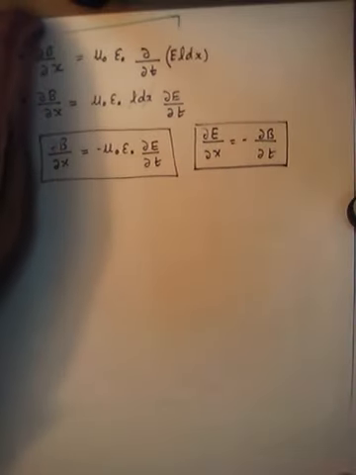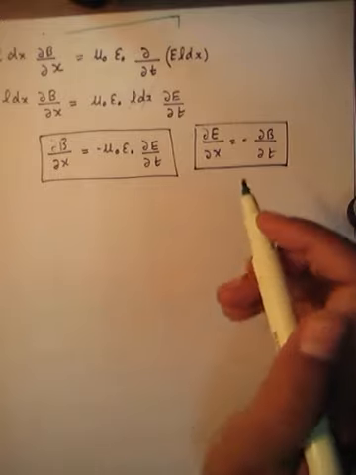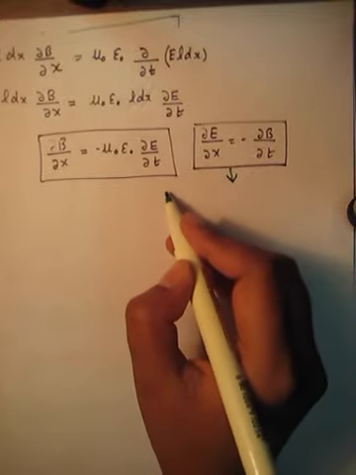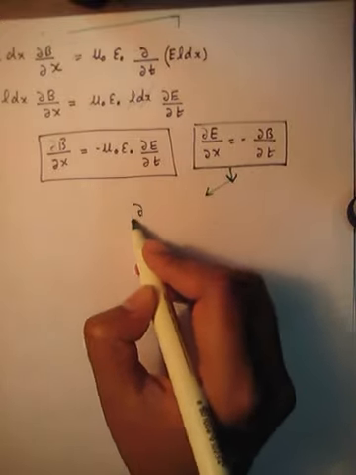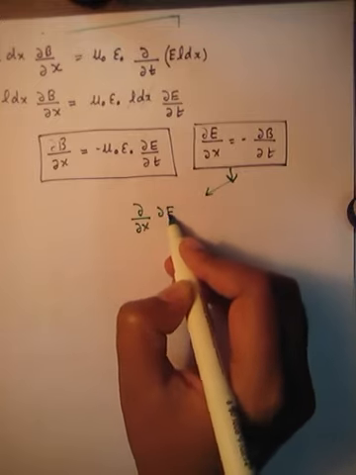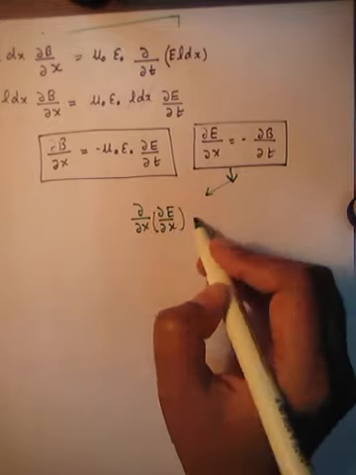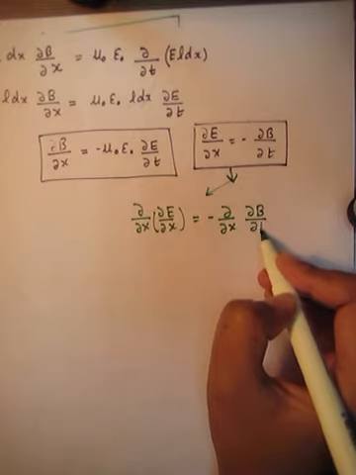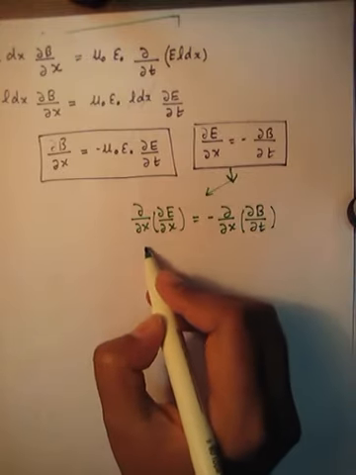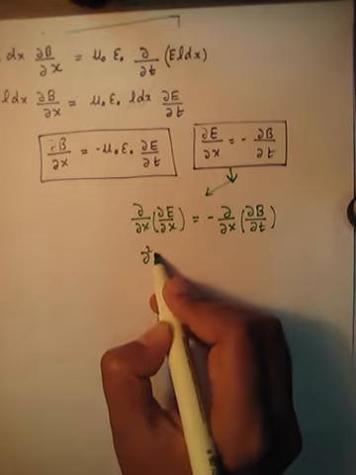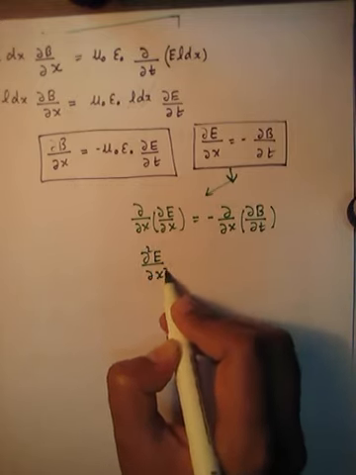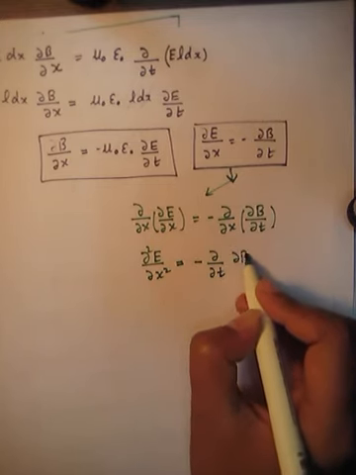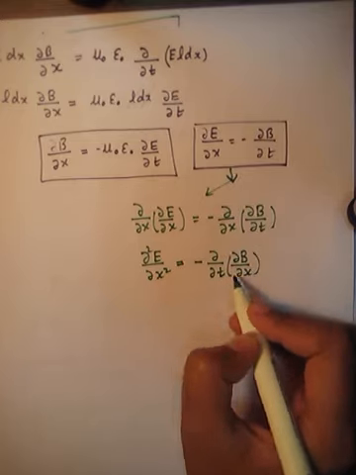Let's say that we take this equation and take a partial derivative with respect to x, on both sides. So we can also write it as ∂²E/∂x² is equal to minus ∂/∂t of ∂B/∂x.